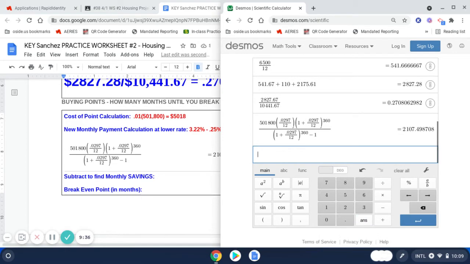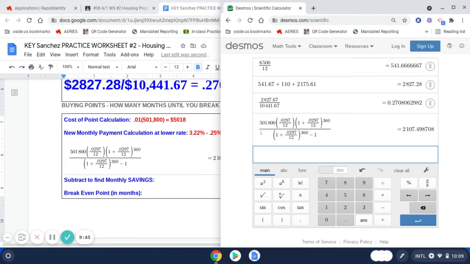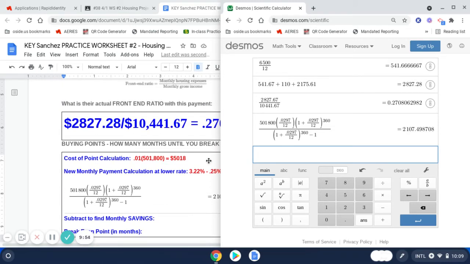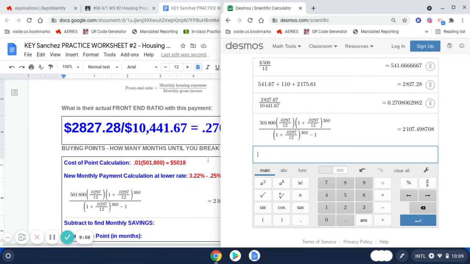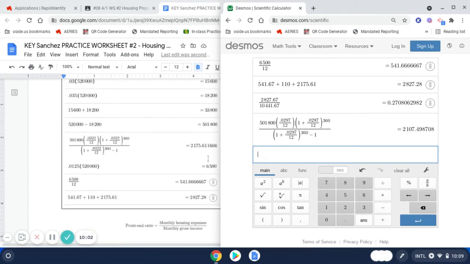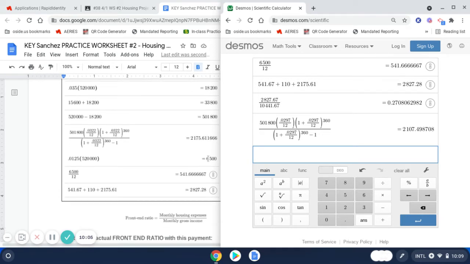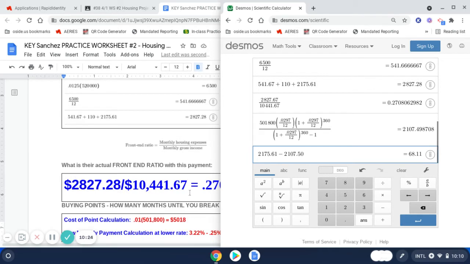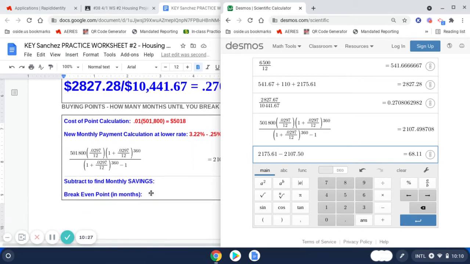So now let's go get the savings where the original payment was $2,175 minus $2,107 when I round. And so my savings is $68.